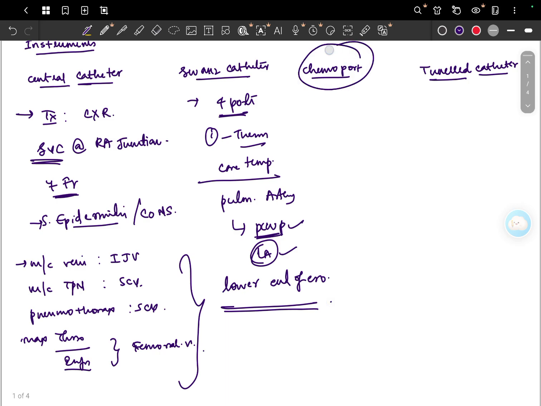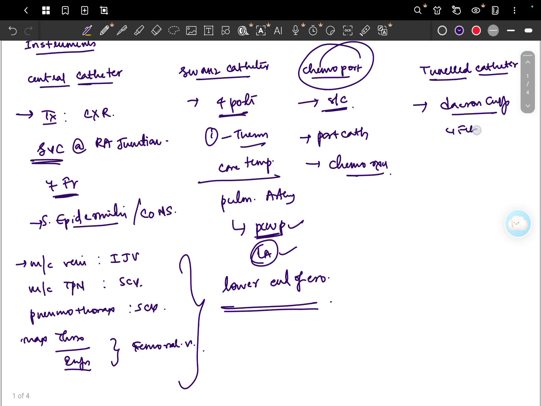Now coming to chemo port, it is subcutaneously present, and it is also called a port cath. It is used for chemotherapy. Coming to tunnel catheter, here we have a Dacron cuff, which will undergo fibrosis, and this is the property that is used for several purposes.